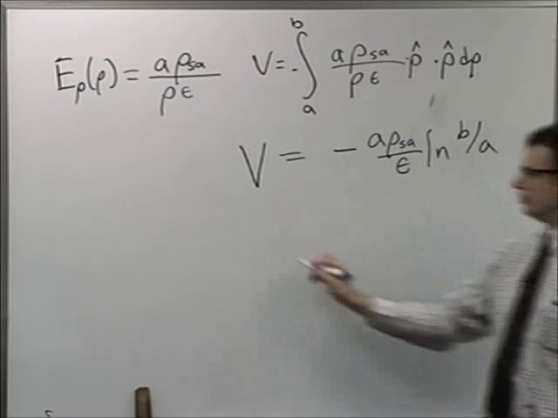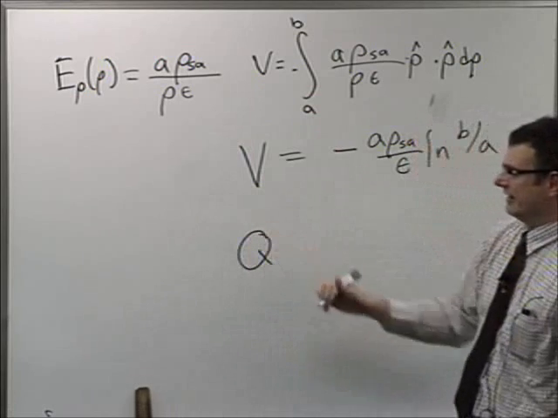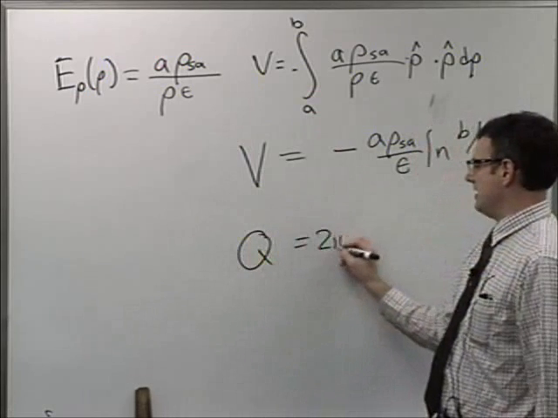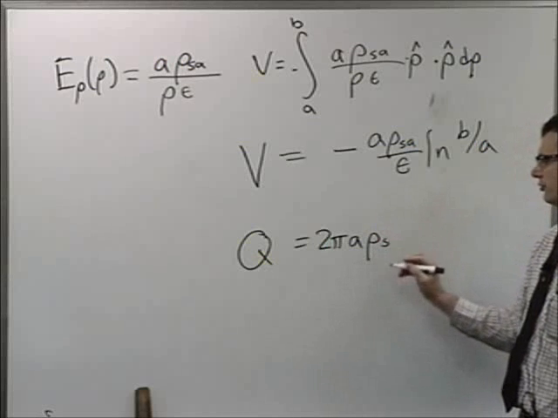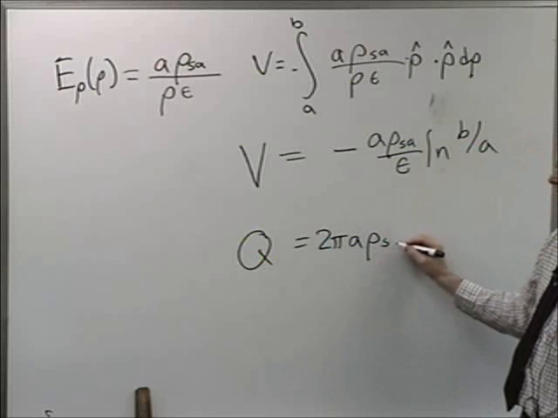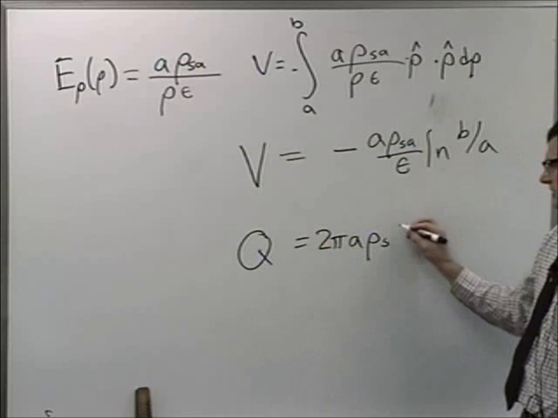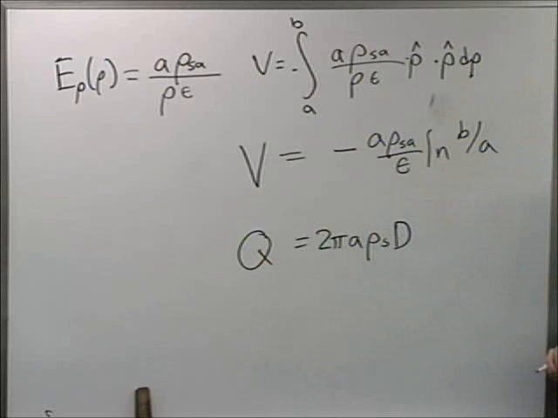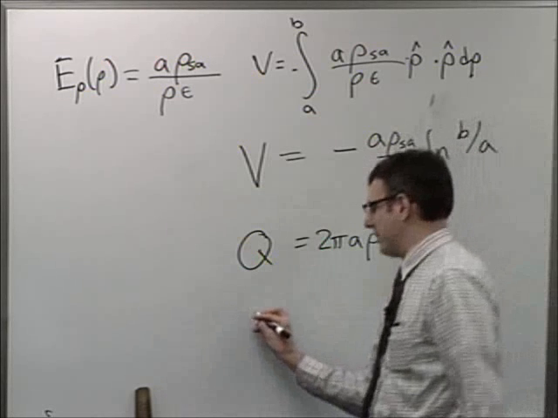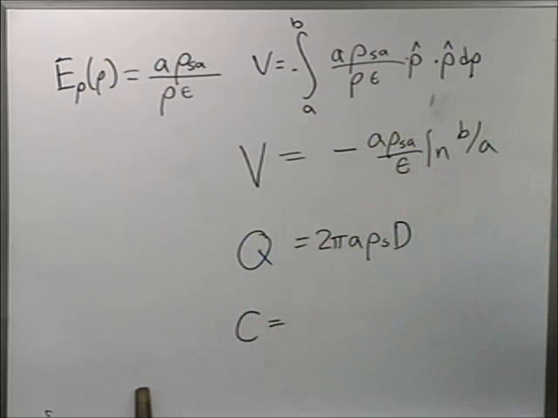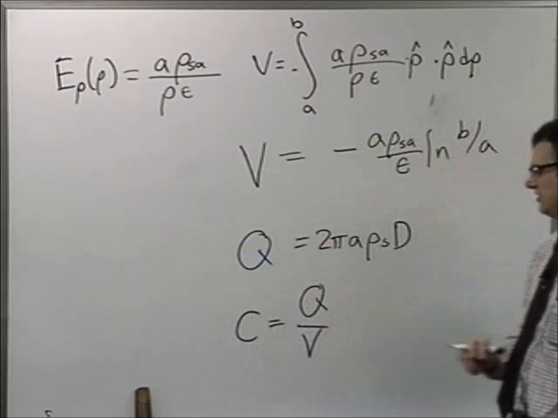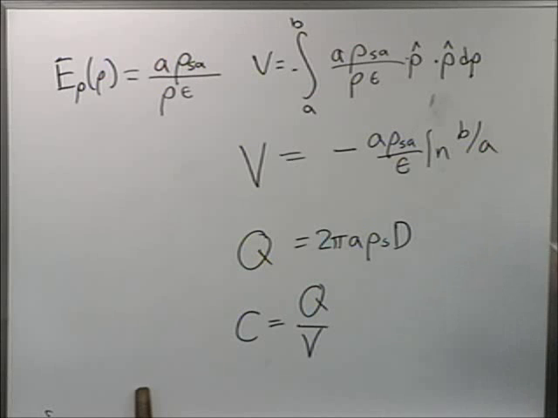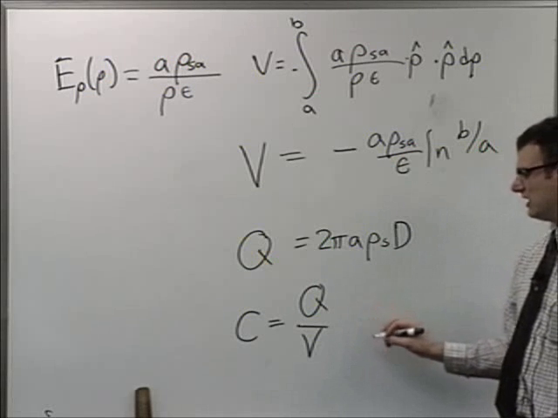What is my total charge? We already calculated it. We said it was 2 pi A rho sub S times D for the charge separation. What is my capacitance? My capacitance is defined as the total charge over the voltage between those points when that total charge is separated.